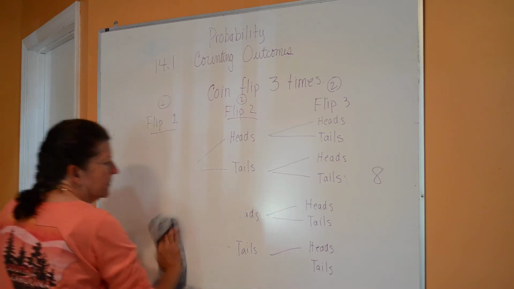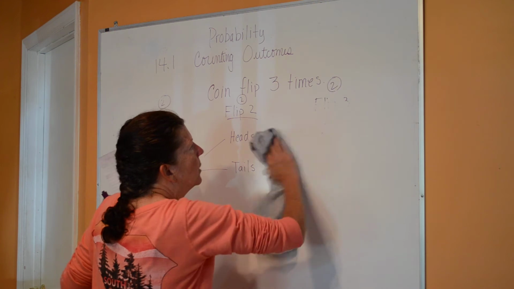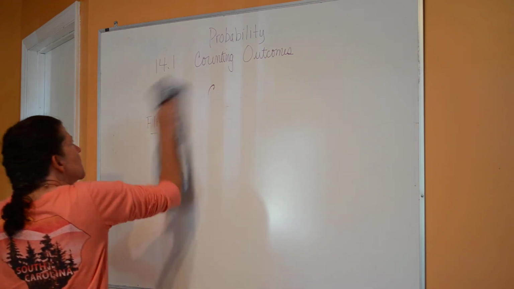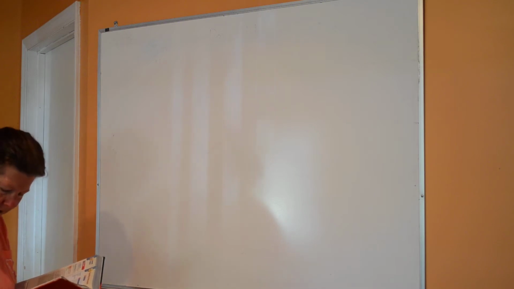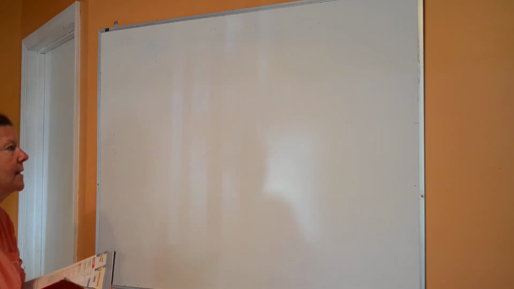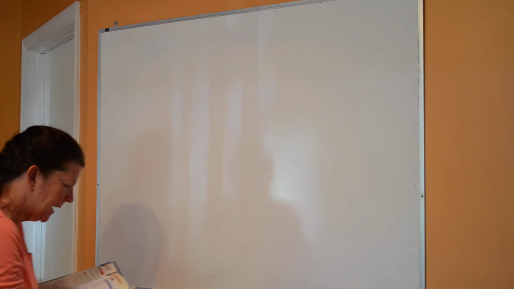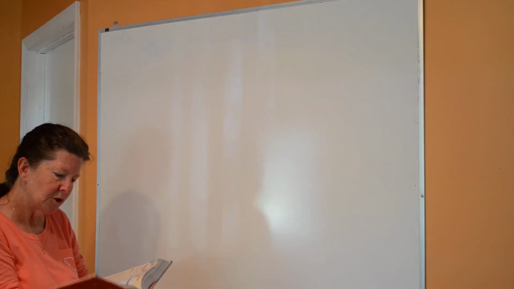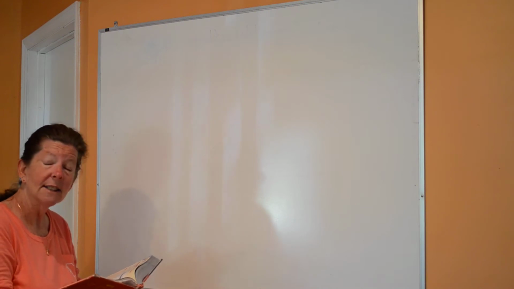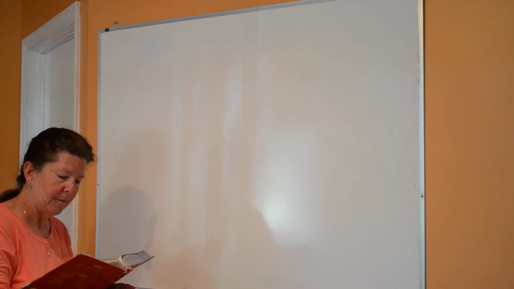So let's do a different problem. Let's do something besides heads and tails. Let's say, I'm going to use something out of your book, okay? And this is example 2 on page 755, and it says, the Uptown Deli offers a lunch special in which you can choose a sandwich, a side dish, and a beverage.